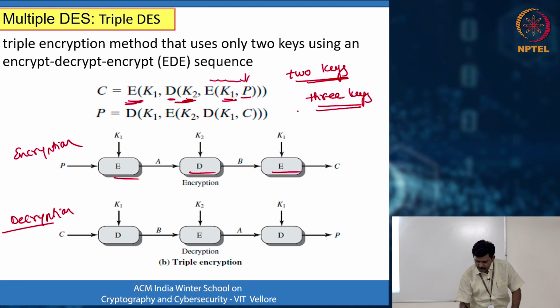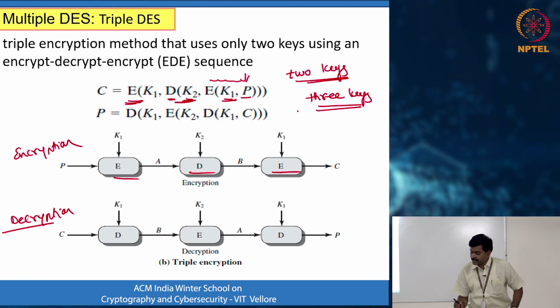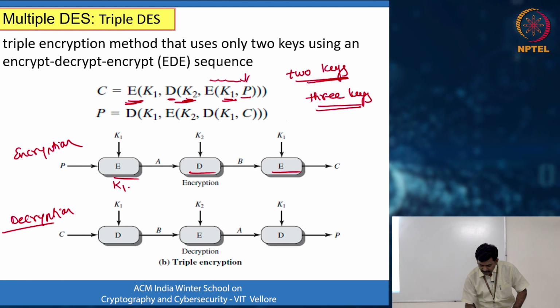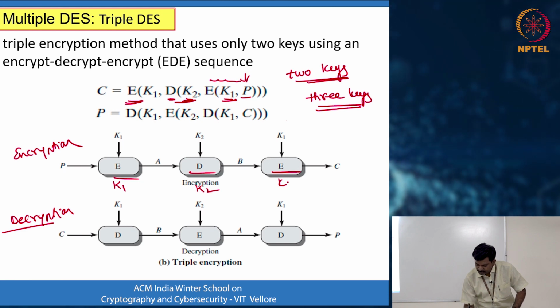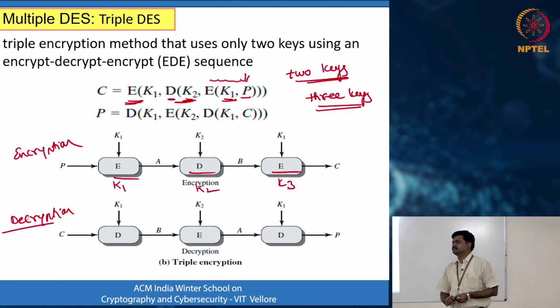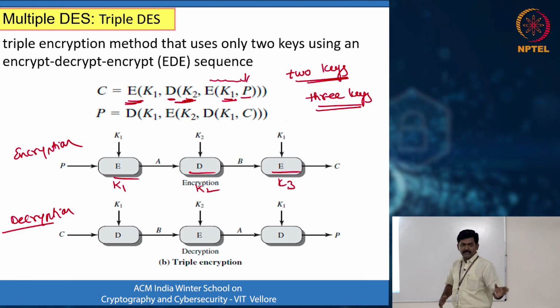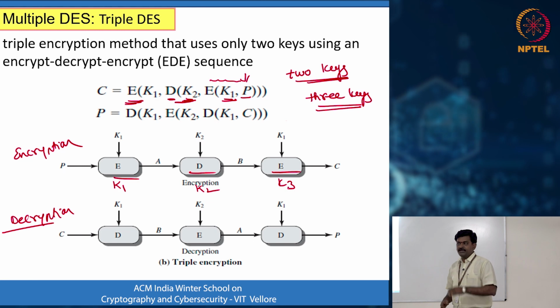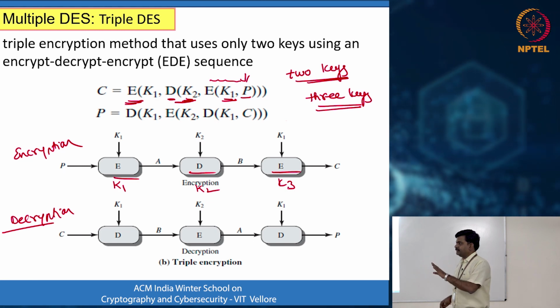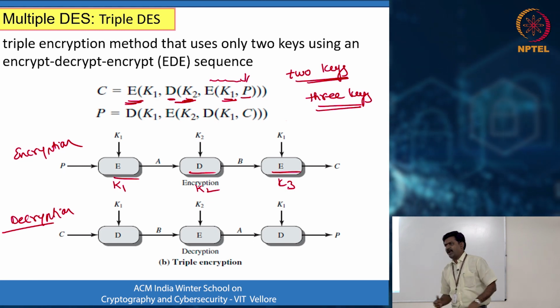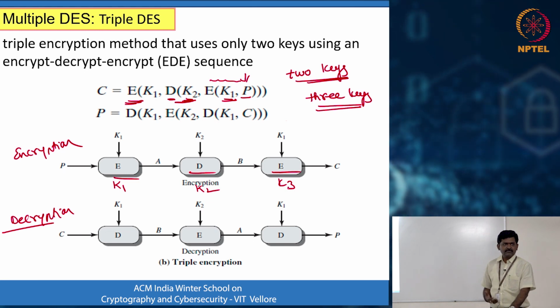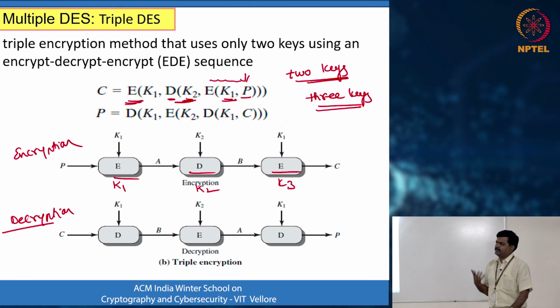So even if you use 3 keys, then what happens? K1, K2, K3. Right? So encrypt with K1, decrypt with K2, encrypt with K3. The point is, what will become your overhead?